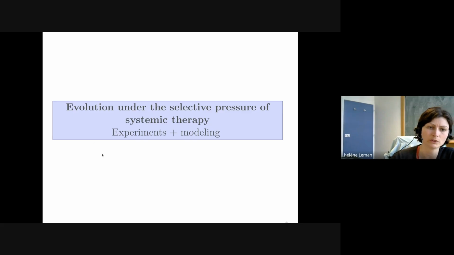In this first project, we combine experiments and modeling with the idea to apprehend the evolution under the selective pressure of systemic therapy, with the idea to optimize B therapy, which is alternating treatments.